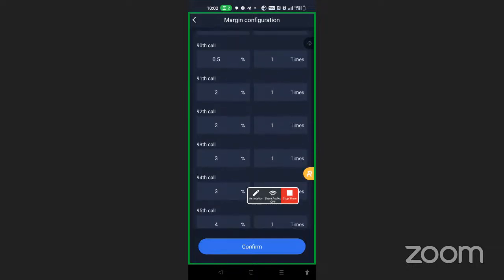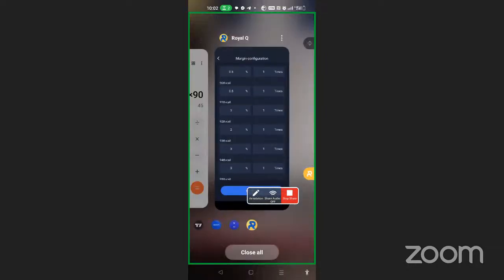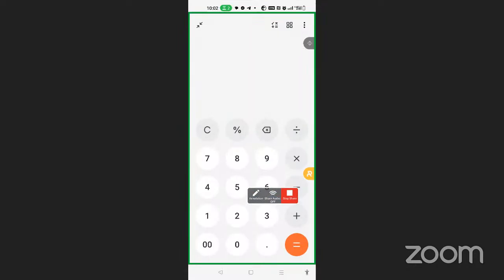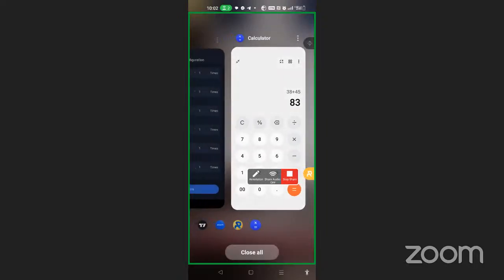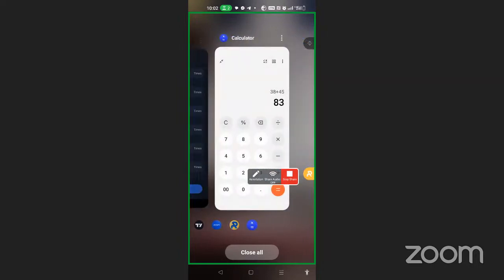This is 28. Okay, so let me come back here on the calculator. So 28 plus 3 plus 3 plus 2 plus 2, 38. 38 plus 45, this is 83%. Can you imagine that from the current price of this coin, as long as it gets down 83%, I'm still in this trade?